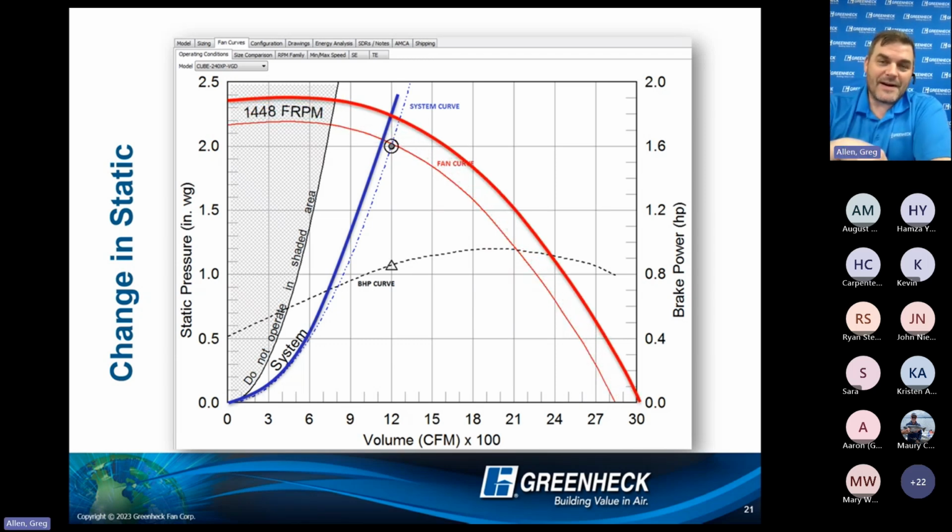But in the end, I still need 1200. That's what the fan was ordered for. That's what the need is. So now I'm looking at a scenario where, because I have more static pressure, I'm going to bump up the speed to get back to where that intersection between the two curves is on my 1200 CFM line, right? So in this scenario, I need to bump up to 1525 fan RPM to get back to what I needed originally.